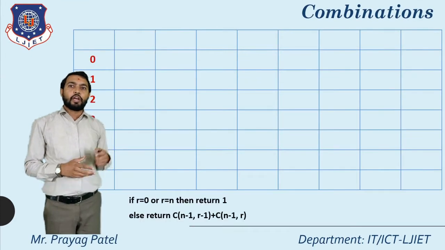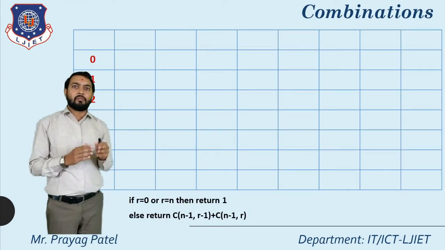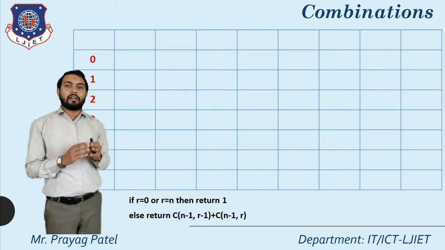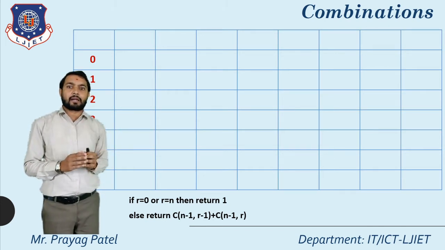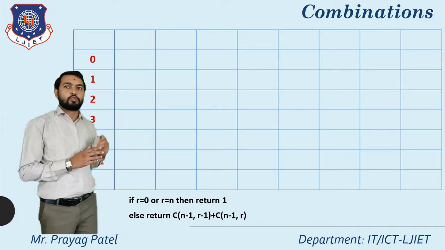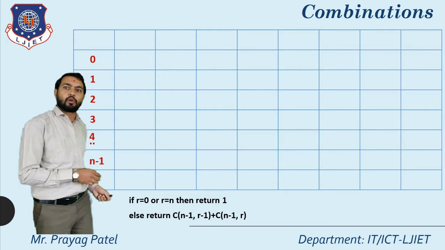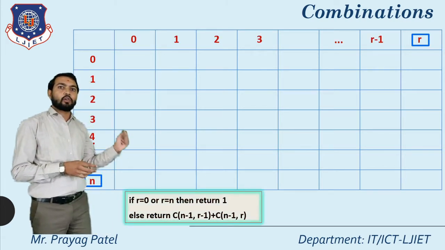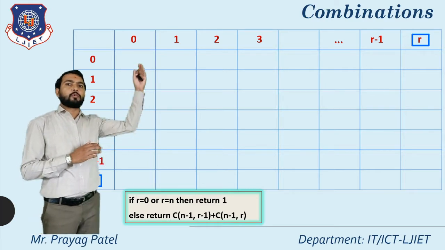Now we already know the binomial theorem, calculating binomial coefficients. For this we can find C(n, r). What is the meaning of n? n means the number of rows, so rows 0, 1, 2, 3 up to n are available. After that, consider the columns as 0, 1, 2, 3 up to r.